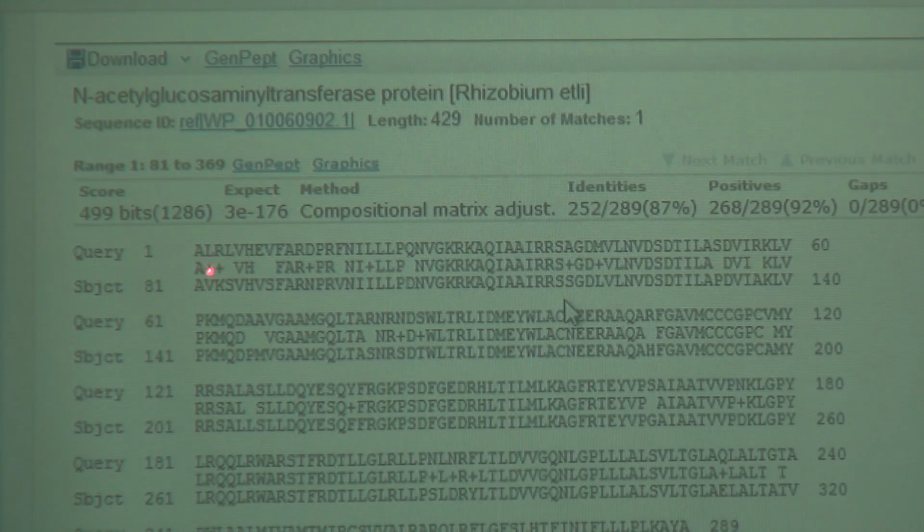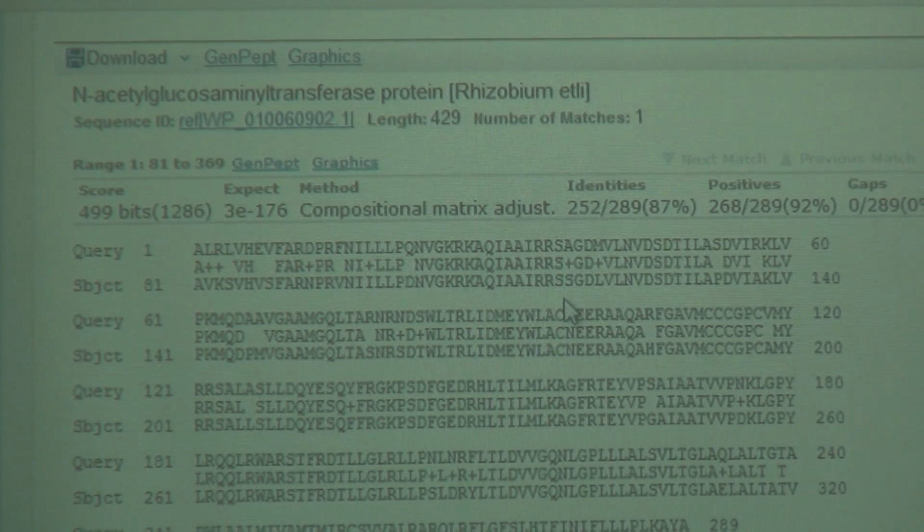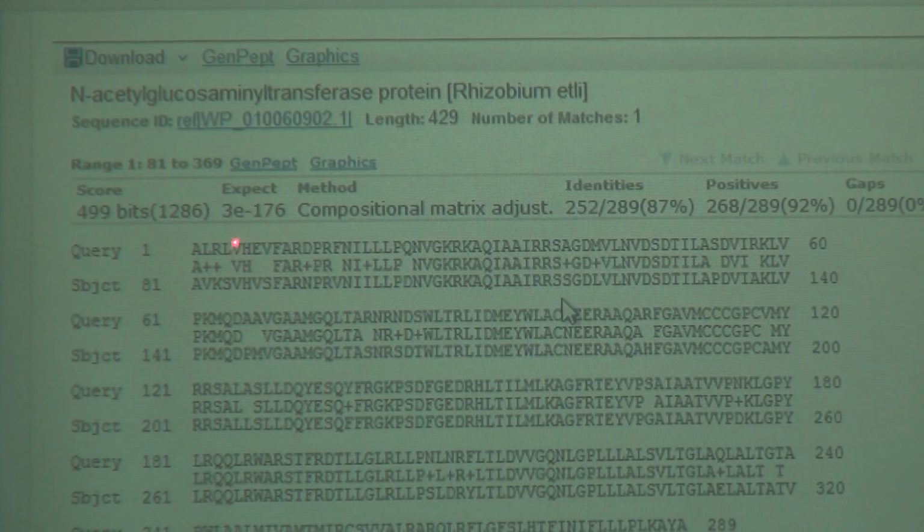And in the middle is the agreement. And we have several stages. If the query and the hit agree, here it's H, here it's H, then the agreement will say H. If they completely disagree, there will be nothing.